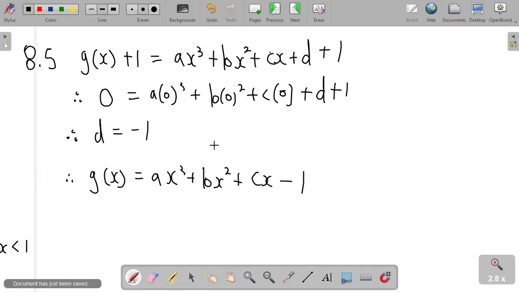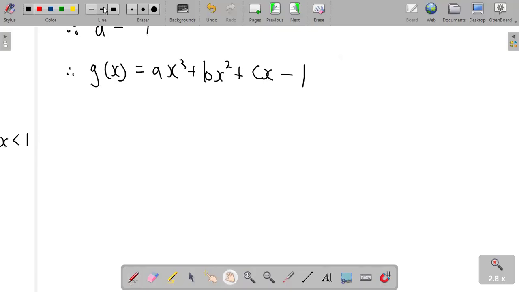And then so what do we know? So this is ax cubed here. This means therefore that g prime of x will be equal to 3ax squared plus 2bx plus c.